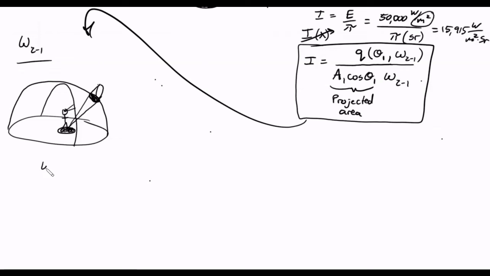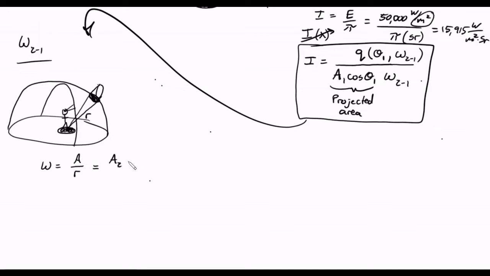All right, so the solid angle, its definition is the area of the object divided by the distance r from our center of our hemisphere to the object on the hemisphere. Now remember, this is the area of the object on the hemisphere, so we need the projected area.